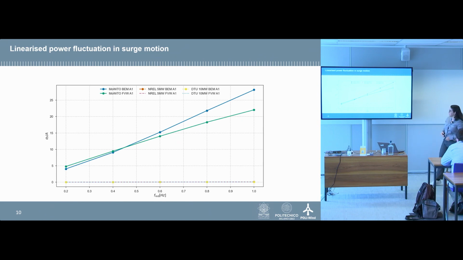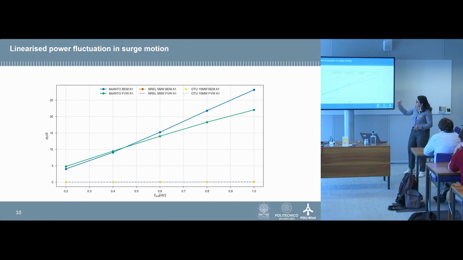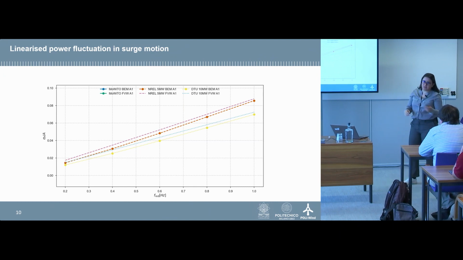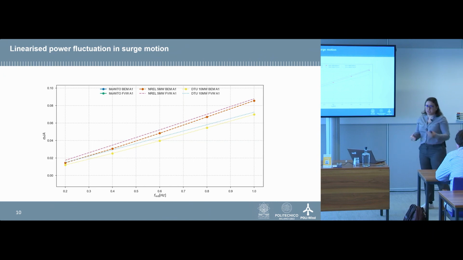I'm not going to show this right now. Here we have the reduced frequency so that it's also linearized. These two lines are MOITO, which is linear but quite high, different in reference to the other two. If we zoom in to the 5 megawatt and 10 megawatt, we see it's also a growing tendency, but again at a much smaller rate, and also a much smaller fluctuation.